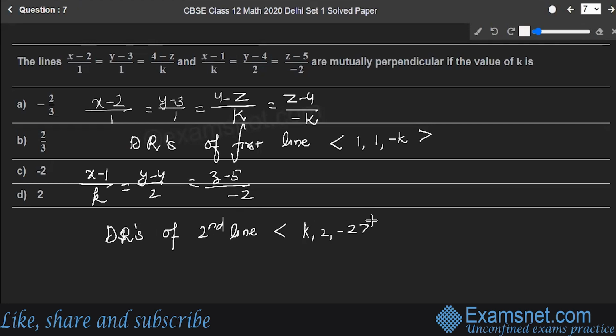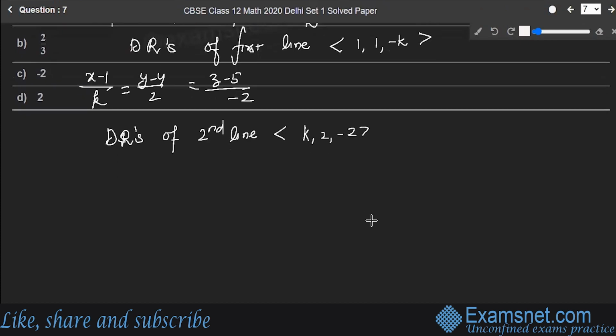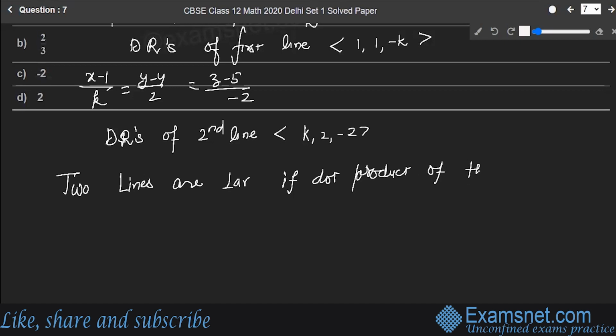Now we know that two lines are perpendicular to each other if the dot product of the direction ratios is equal to 0. We discussed this in the last question itself. So two lines are perpendicular if the dot product of their direction ratios is equal to 0.